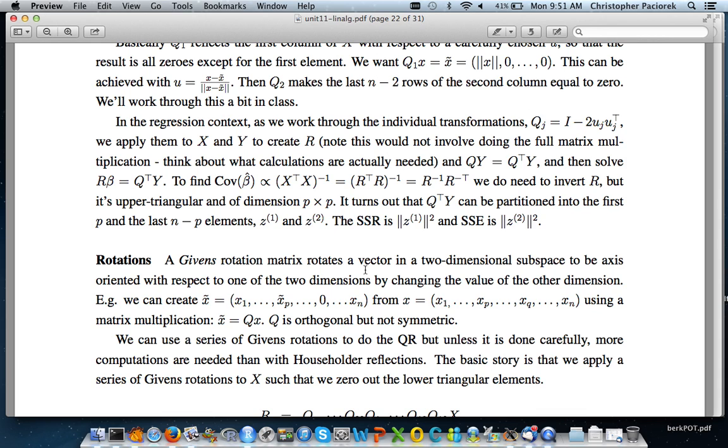In this case, we were doing these reflections, but another way to get X onto the axis, and therefore to zero out a component of the vector, is to rotate it instead of reflecting it. So the idea of the Givens approach is we're going to do clever rotations to rotate the columns of the X matrix.